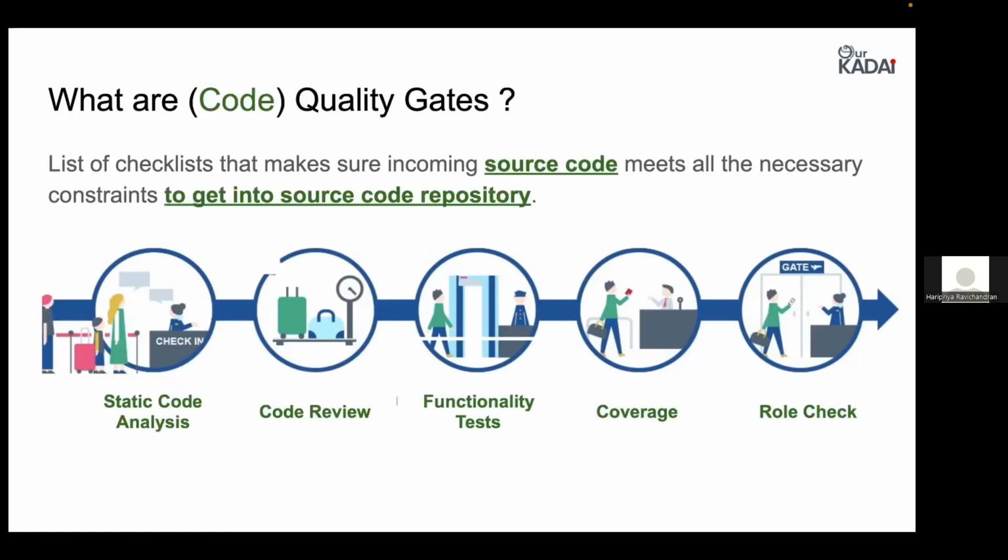So likewise, we have quality gates for our code also. It is also a list of checklists that we must make sure of, and any incoming source code must meet all the necessary constraints to get into its corresponding source code repository. For this, we have certain checks: static code analysis, code review, then functionality tests, then code coverage is checked, and finally the role check is done, on who is permitted to check in which code to which branch.